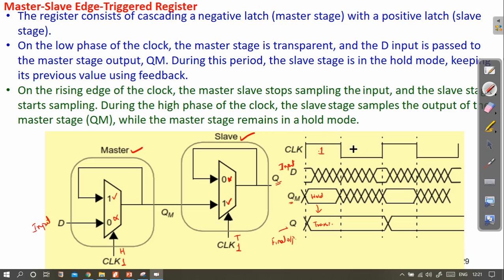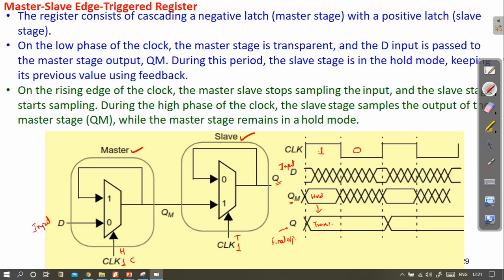So when clock goes low, when clock becomes 0 here, what happens? The conditions will change, the operation of the master and slave stage both will change.